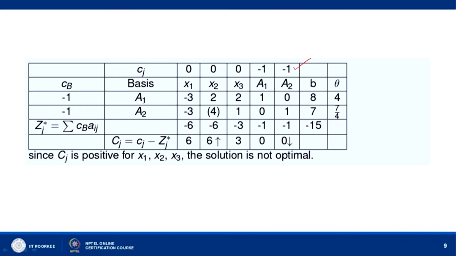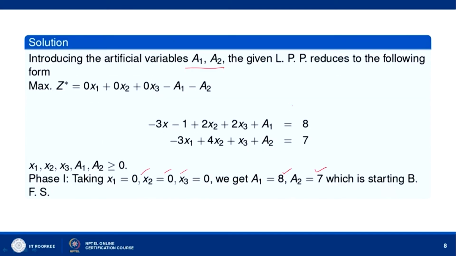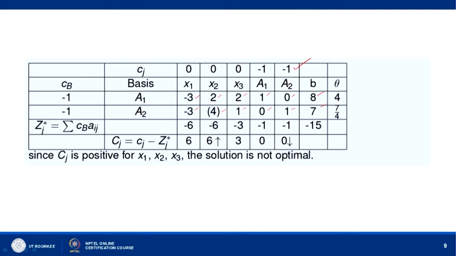The coefficients of A1, A2 here are minus 1, minus 1, and this is the column corresponding to x1: minus 3, minus 3; column corresponding to x2: 2, 4; for x3 it is 2, 1; for A1 it is 1, 0; for A2 it is 0, 1; and the column of constants is 8, 7.